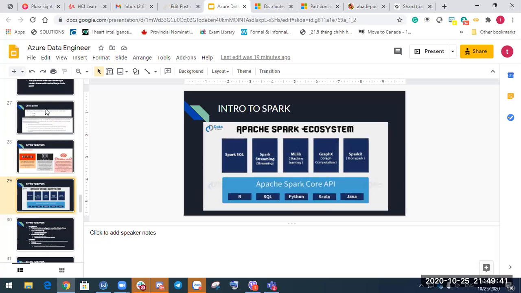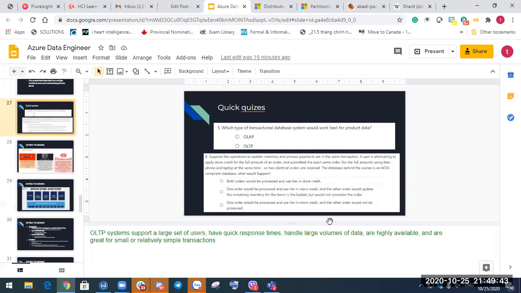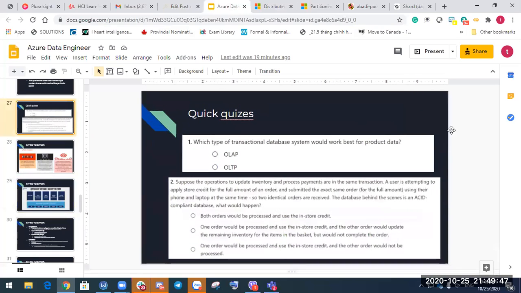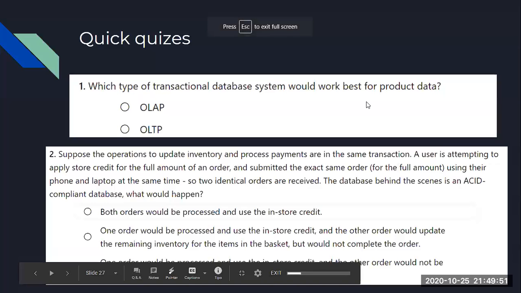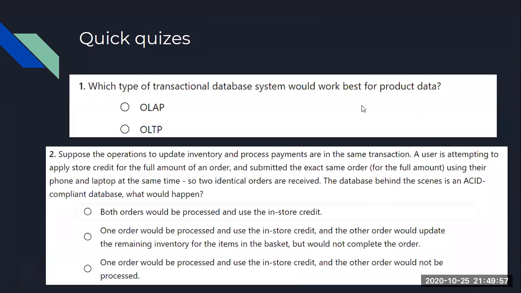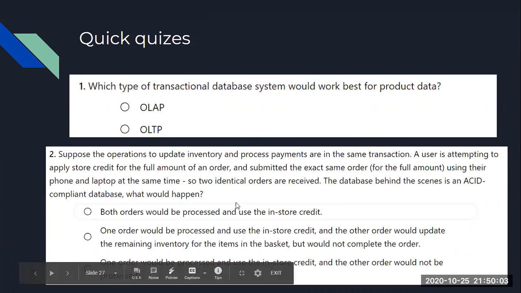Oh, sorry, I have one thing that I want to ask you guys. Here is the quiz. I hope everyone can see it. Okay, so I got this quiz from Microsoft Learn, and I think it is very close to the content that we had in the last class. So could you guys guess the answer for this?